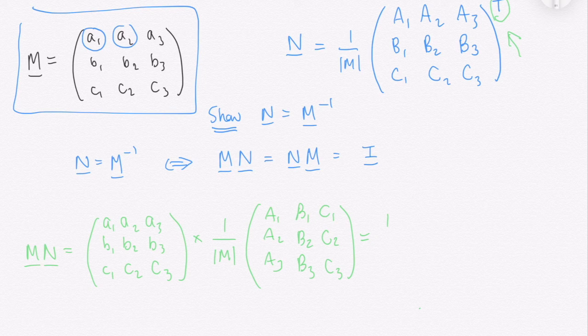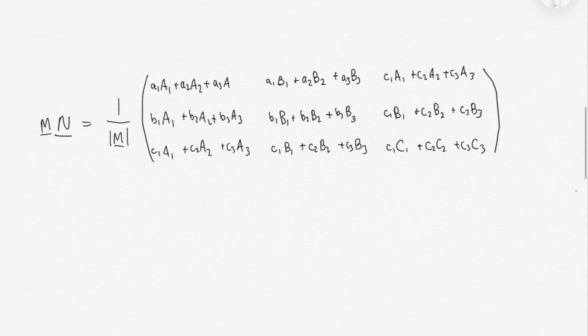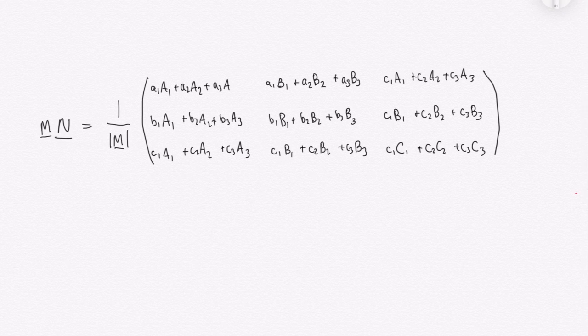Well, we can take the factor 1 over the determinant of M. And if we start multiplying this out, we do the first row by the first column. Our top left element is a1 A1 plus a2 A2 plus a3 A3. And you might want to pause the video here and try and find the remaining elements in this matrix that is multiplying M by N. Well, I did that already earlier, and we can see that we get this matrix here.